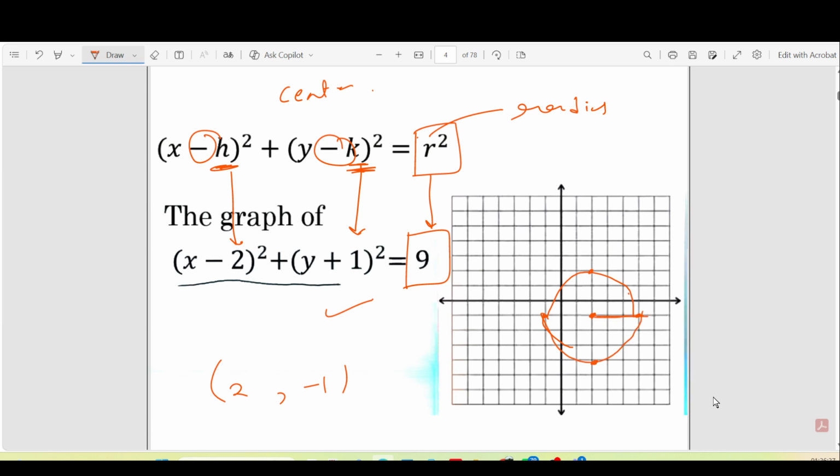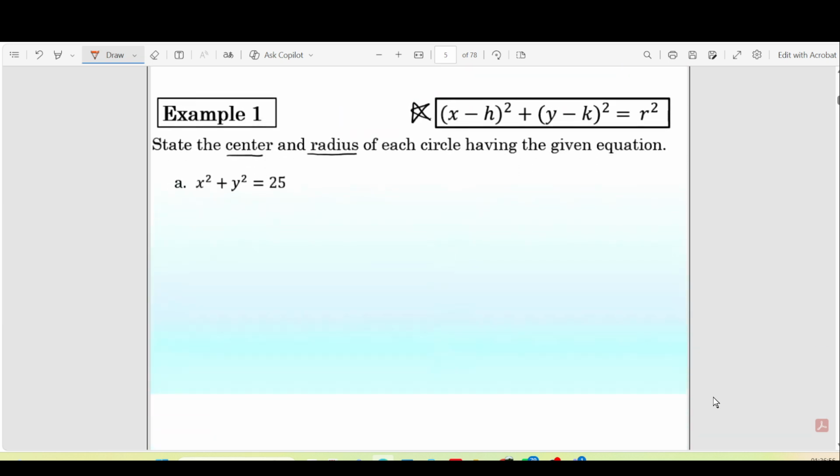And this is the radius. This is how we graph if we have the equation of a circle in standard form. By comparing, we get the coordinates of the center and the radius, and we can plot it.